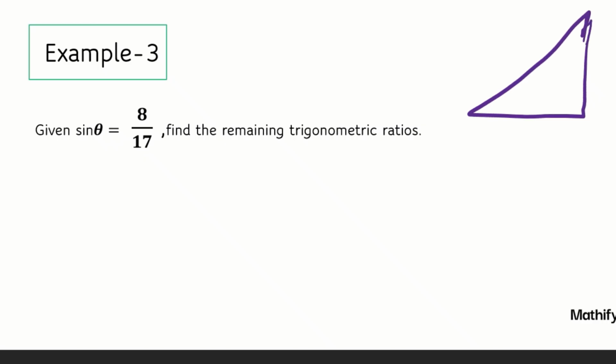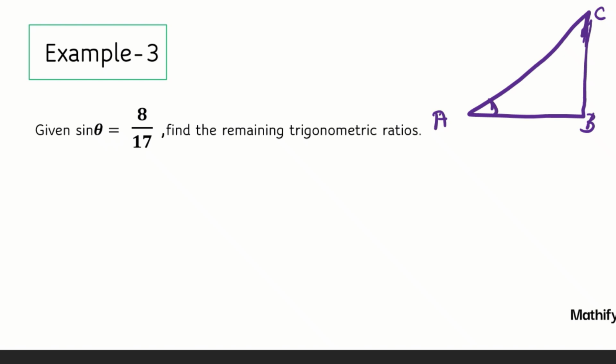This is a right angle triangle, with vertices A, B and C. Let this angle be theta.